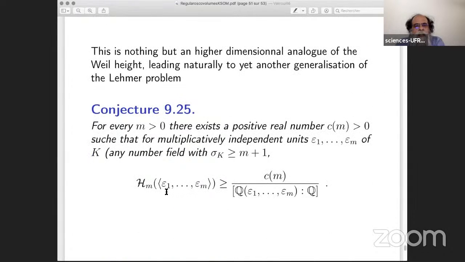And so you get another version of higher dimensional lemma that again specializes to lemma problem for rank 1, is that this height grows at least as fast as the degree of the field generated by the given units.